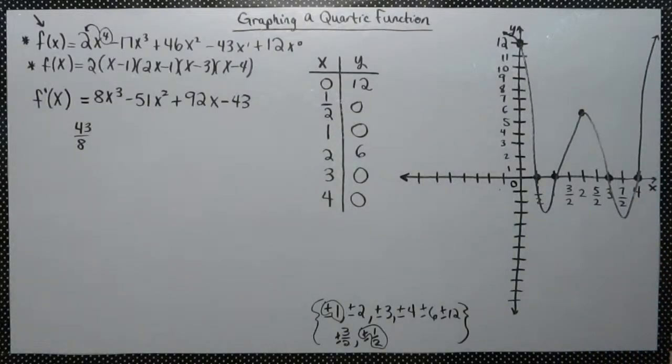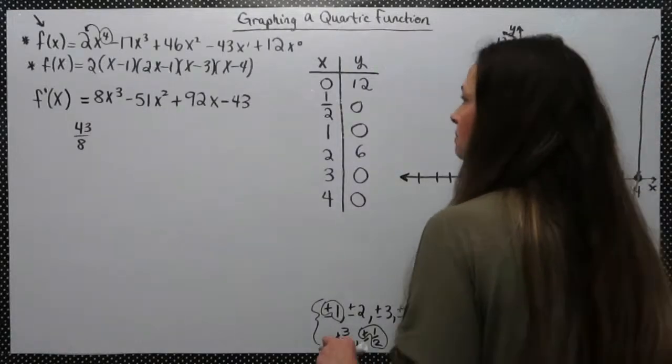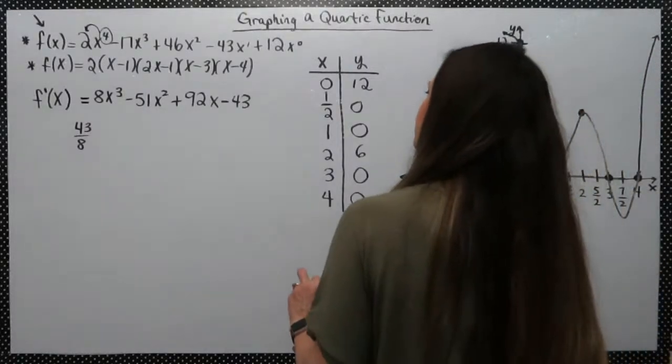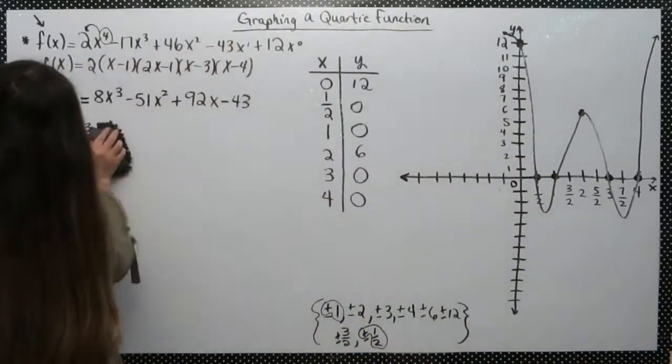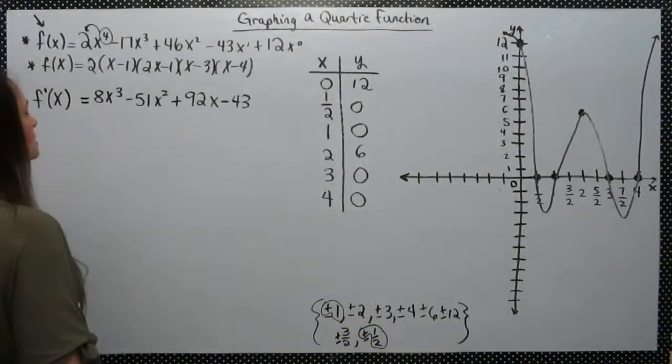Yeah, I think 43 might be prime. Okay, so then that's going to be the intercept. Let me see, 8x. This is going to be a booger.